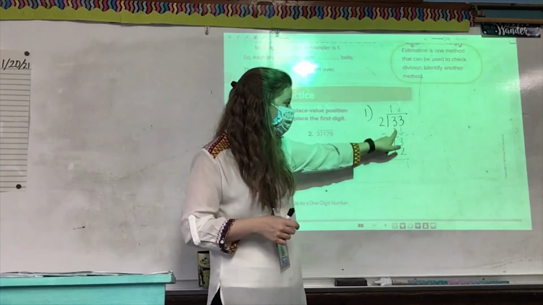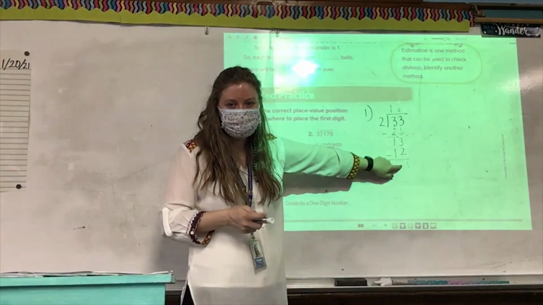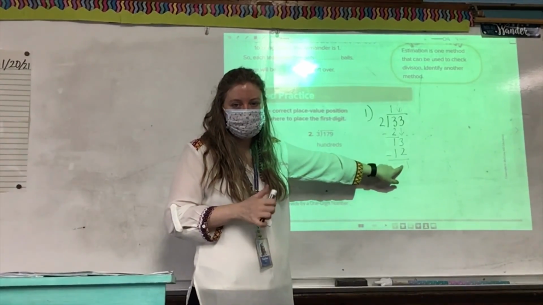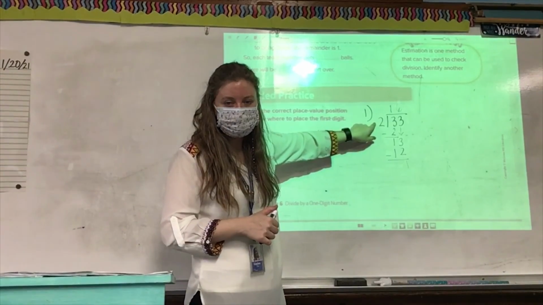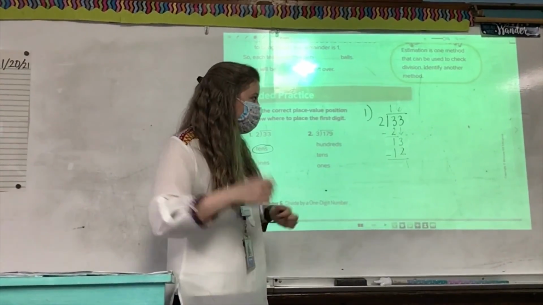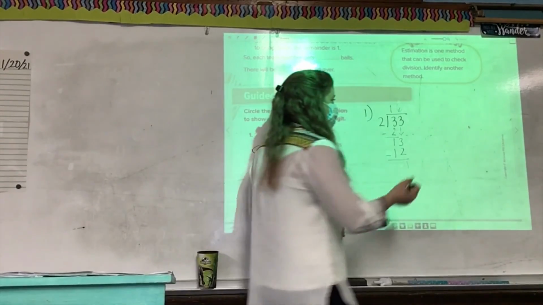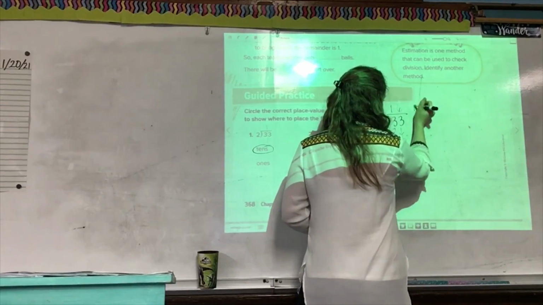No, there are numbers or arrows underneath them. So what do we do with this answer to our subtraction problem? We compare it to the divisor. Is 1 less than 2? Yes. So what does that mean about the 1? It becomes our remainder.